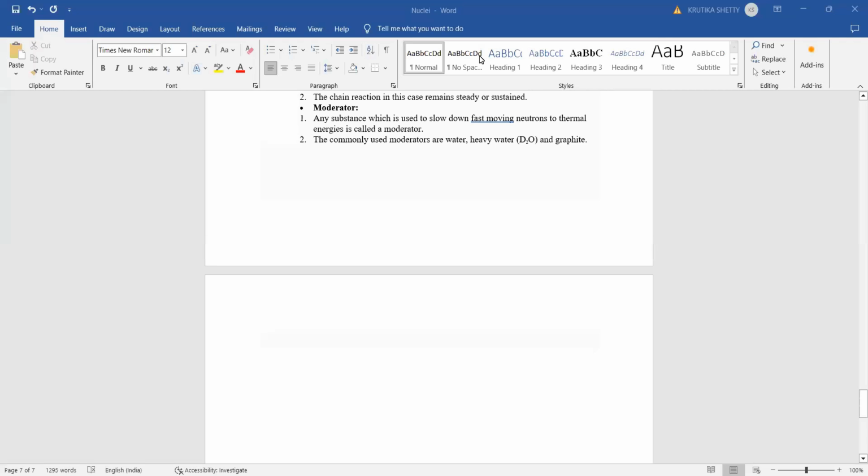Isotopes are the nuclei having the same atomic number but a different mass number.